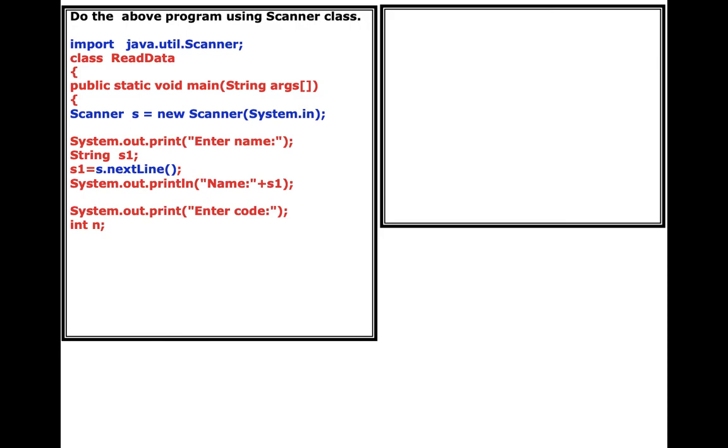Now, what did we write in the earlier program? We wrote a big statement, n = Integer.parseInt(stdin.readLine()), and that statement did the work of reading an integer. Here I'll write n = s.nextInt(). See how simple.